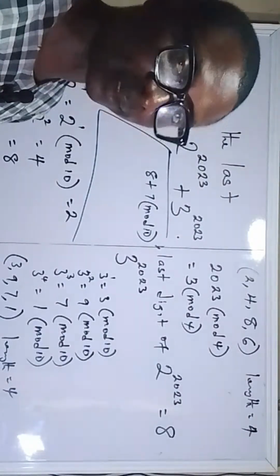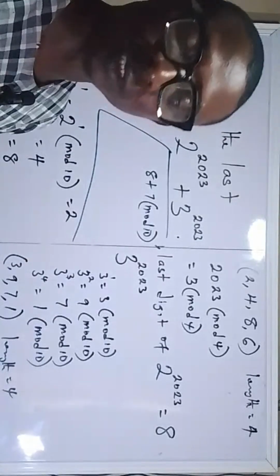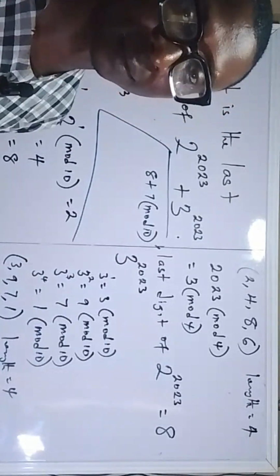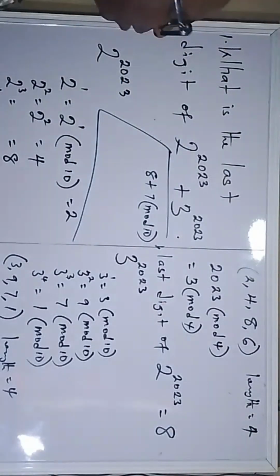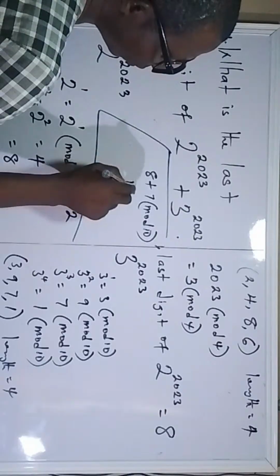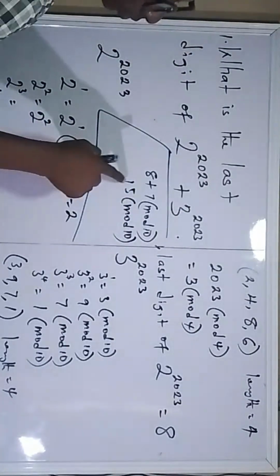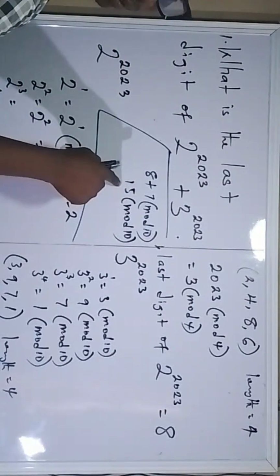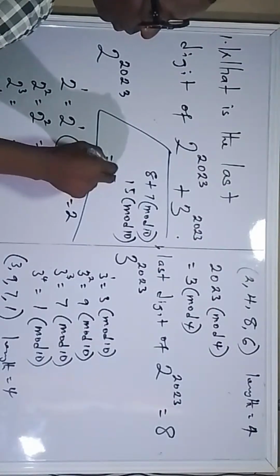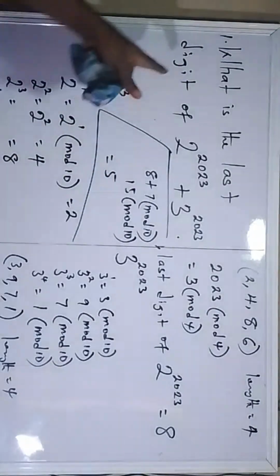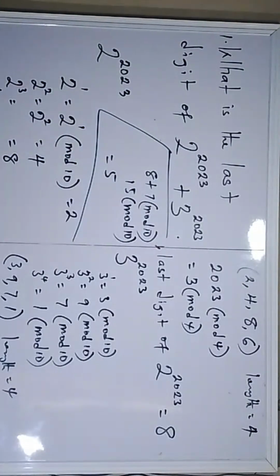Because we said that if you want to get the last digit of any number, you divide by 10, so the leftover is the last digit. So when you add this and this together, you have 15 mod 10. When you divide this by 10, the remainder is 5. So the last digit of this number is 5. So that's the answer to that question.